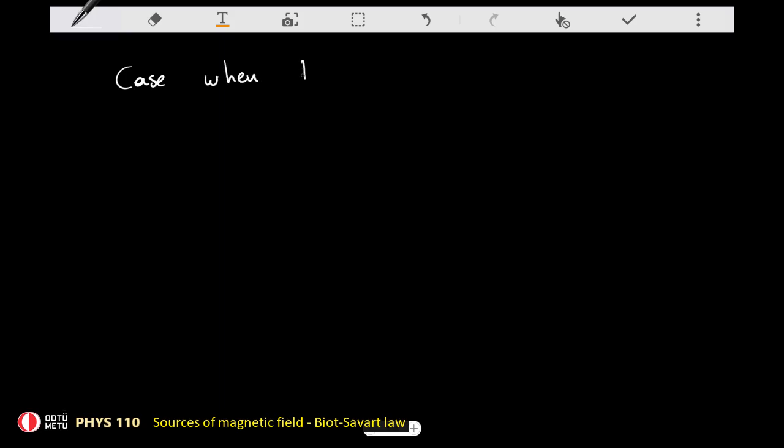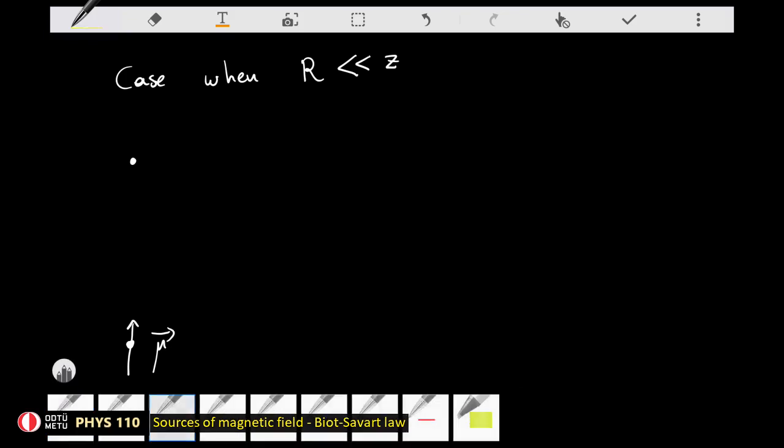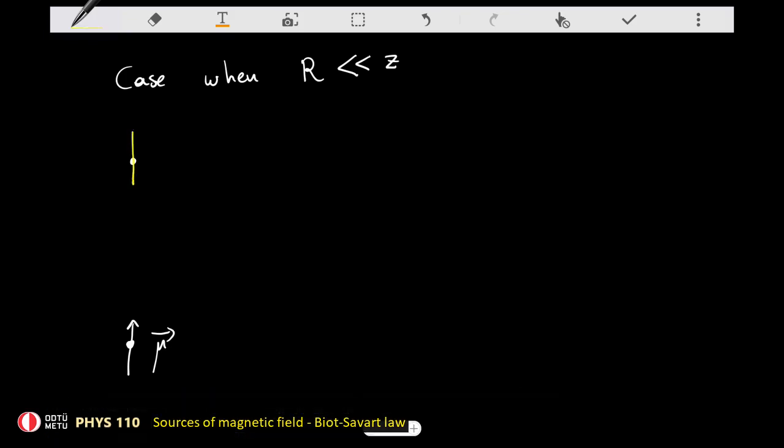when the size of the circuit is much smaller than the distance to the point in question. So in this case, there's a circuit in here, and we have the point in here. The circuit is essentially a dipole, so it has a dipole moment. And I would like to find the magnetic field in here.